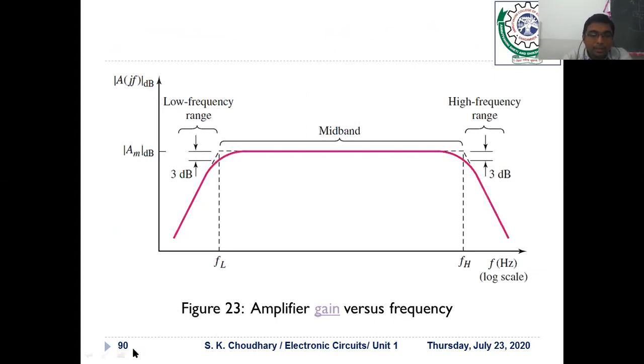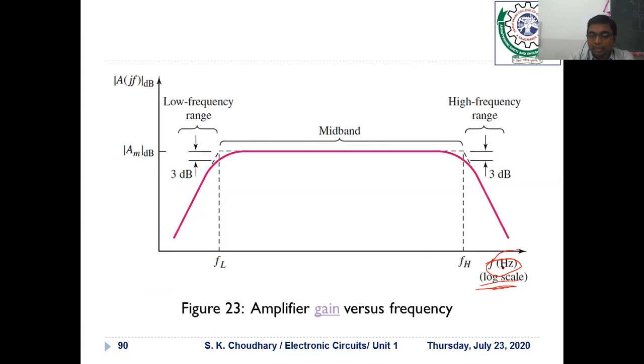Now this is the basic diagram to represent the frequency response of any amplifier, whether the amplifier is made from the BJT, the JFET, or the MOSFET. In the x-axis we have considered the frequency in hertz, and we have considered the x-axis in the log scale.